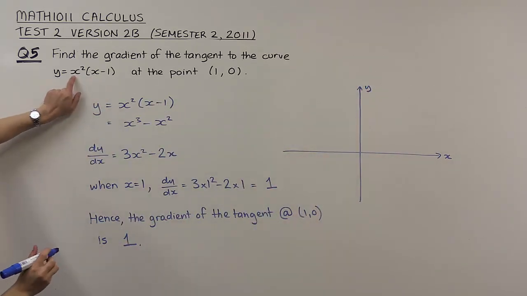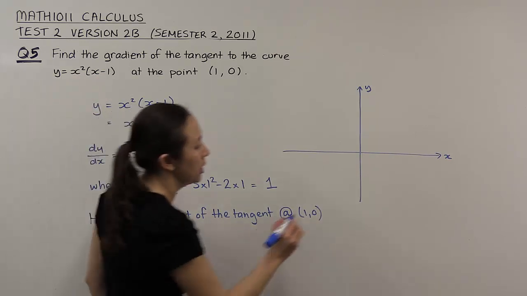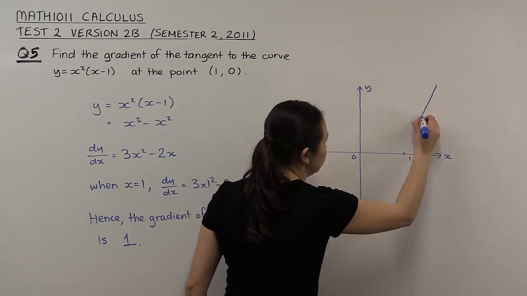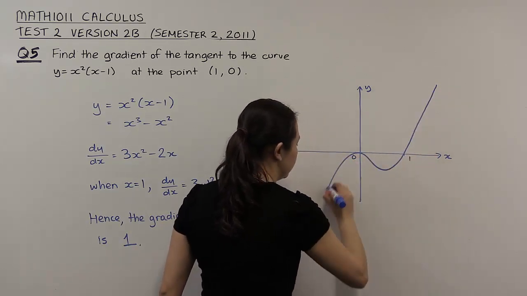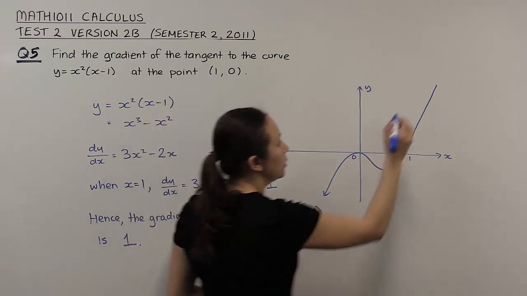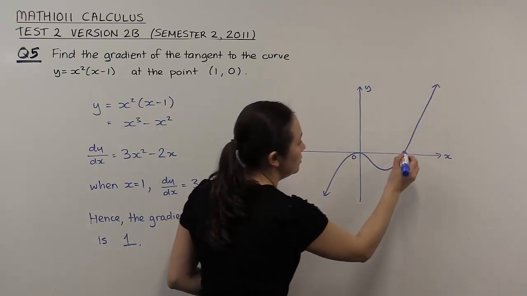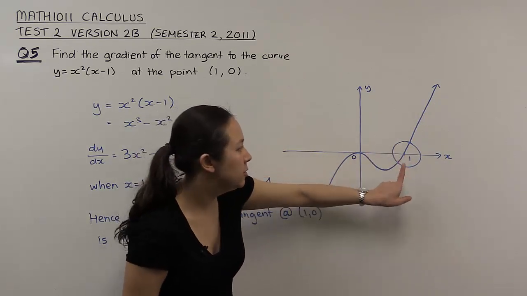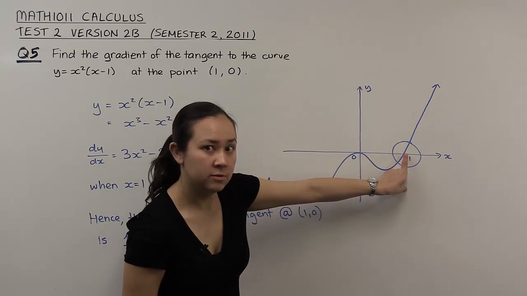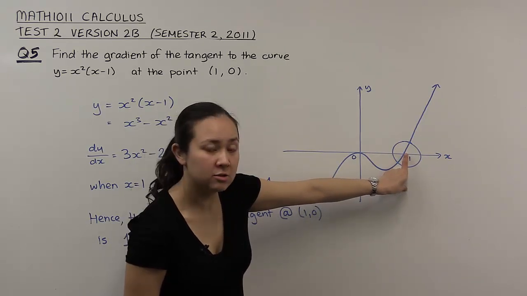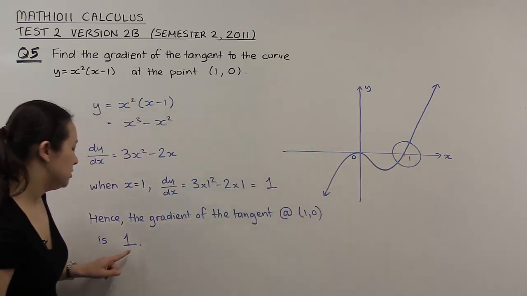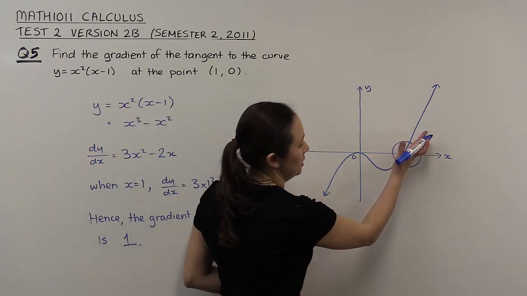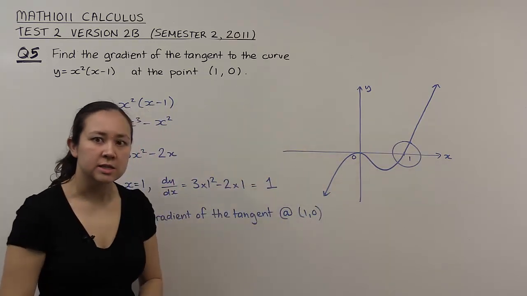It has a double root at 0 and it has a single root at 1. So I know it's coming down here and having a double root there. What this is saying is that if you zoom in and zoom in and zoom in to this point 1, 0, then this curve will start looking like a straight line, and that straight line has a gradient of 1, that gradient of the tangent. So that has a gradient 1 there. So that's the end of this test.